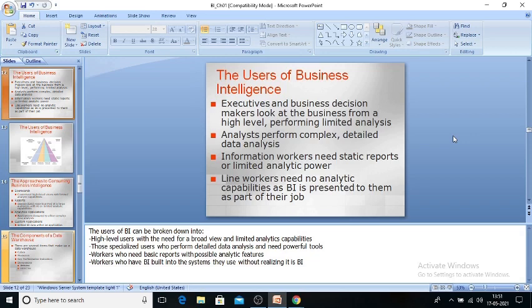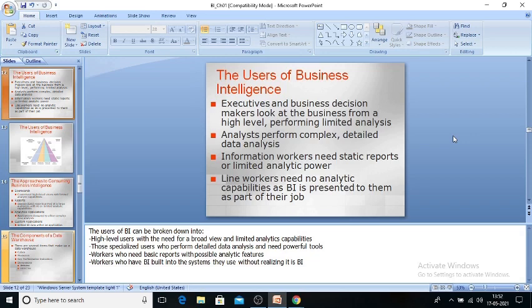Another group: analysts perform complex or detailed data analysis. There are some people who make the analysis of data. Another kind of people are information workers.